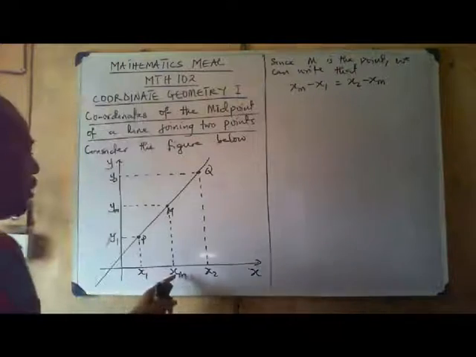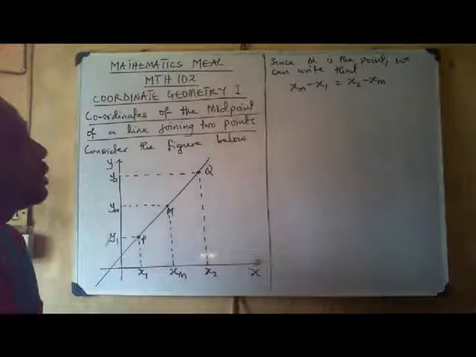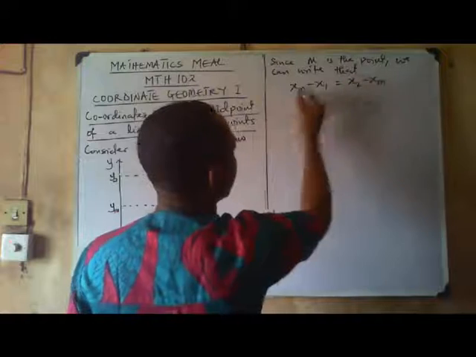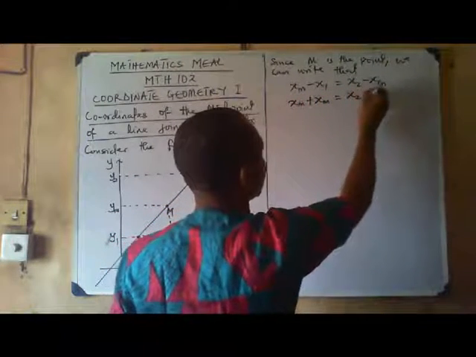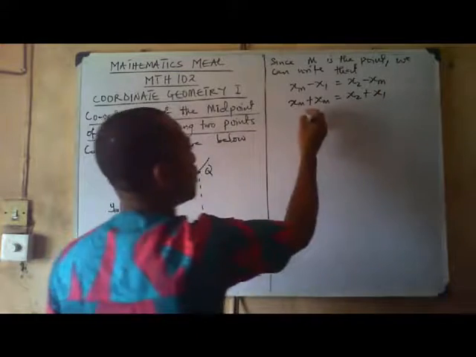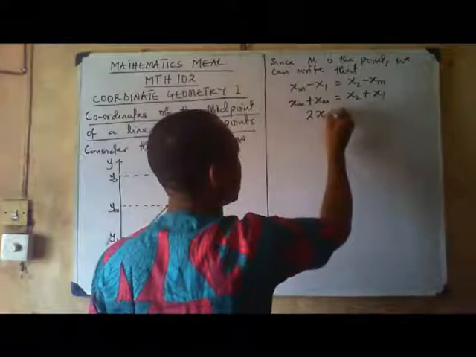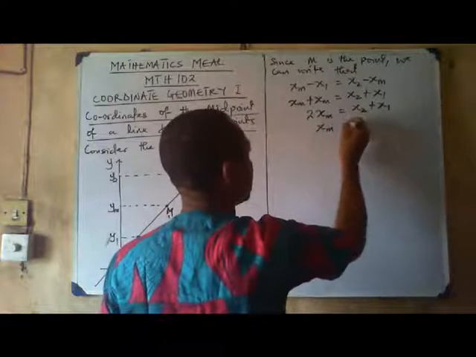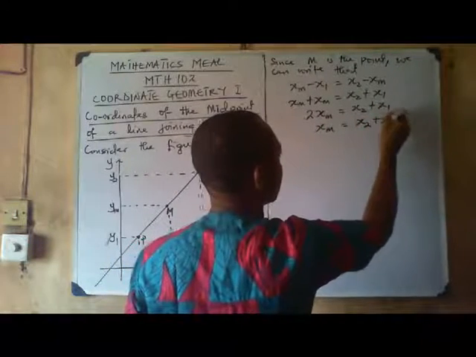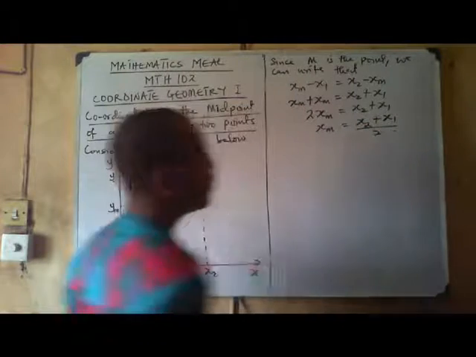This minus this will be, or this minus that. So if we do that, we can have XM plus XM equals X2 plus X1. That will give us 2XM equals X2 plus X1. So XM becomes X2 plus X1 divided by 2.